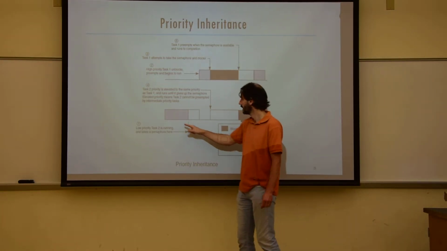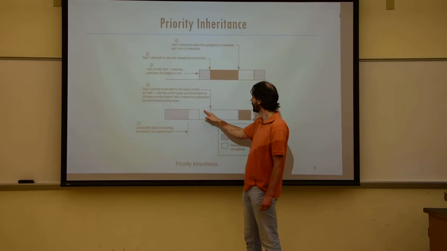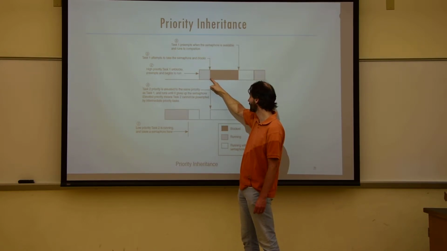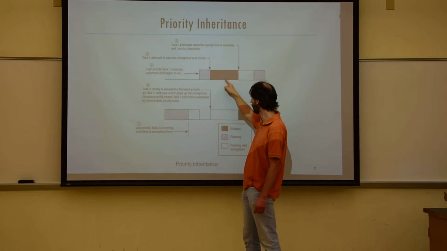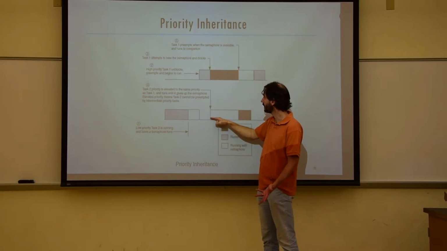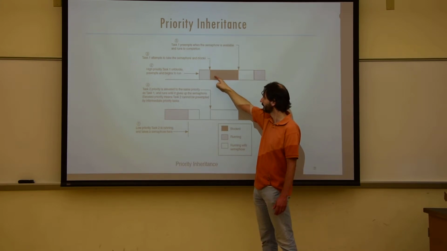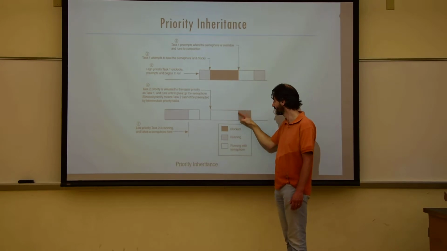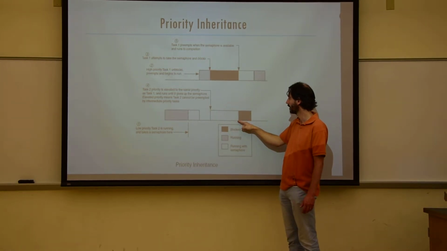So here it is. You run, you lock. It gets kicked out because a high priority task is running, but oops, it needs that resource, so it's blocked. Now the operating system says this task inherits the high priority of that task so that it can complete the execution till it releases the lock.